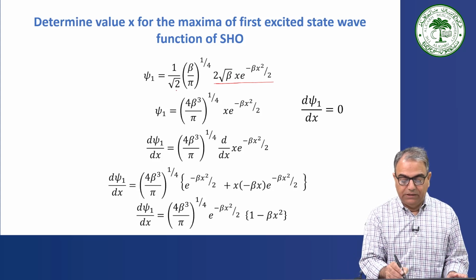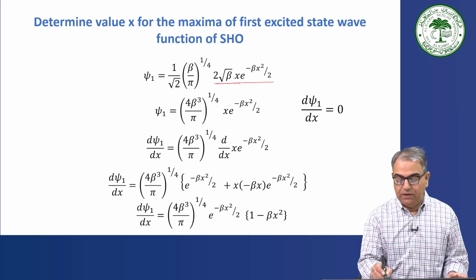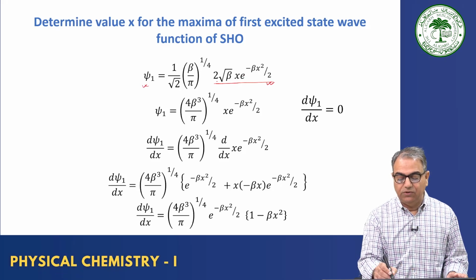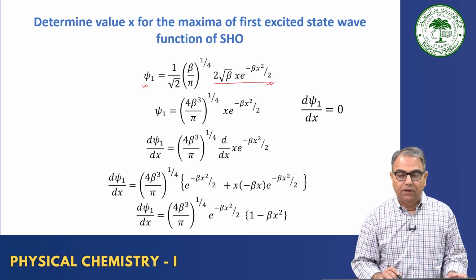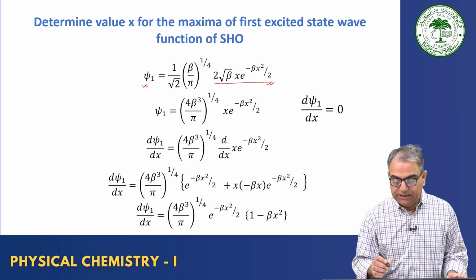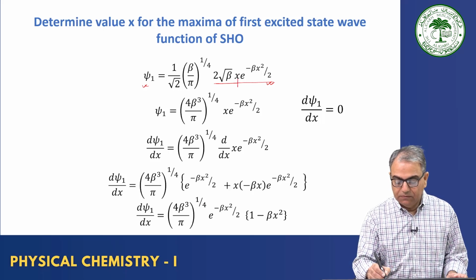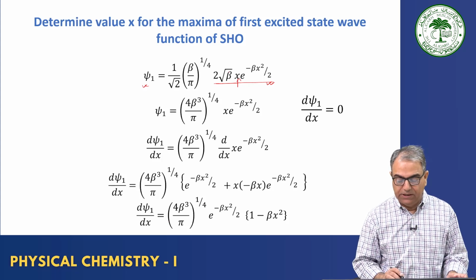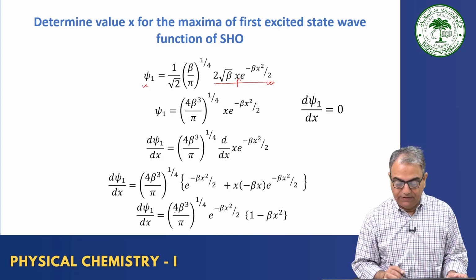This is the normalization constant, and this part is the psi 1 function. So besides the Gaussian function you have other things also, and this is the value of the Harmonic polynomial. I think 2 root beta is also in the normalization constant anyway.